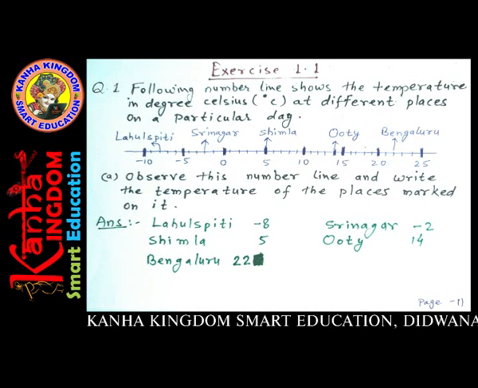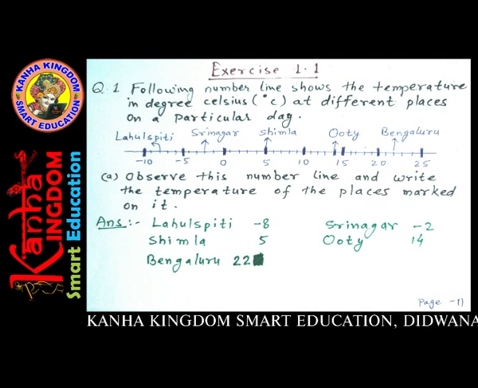As shown in the diagram, there is a number line which mentions -10, -5, 0, 5, 10, 15, 20, 25. In this number line, different cities are denoted: Lahore Spiti, Srinagar, Shimla, Ooty, Bengaluru.